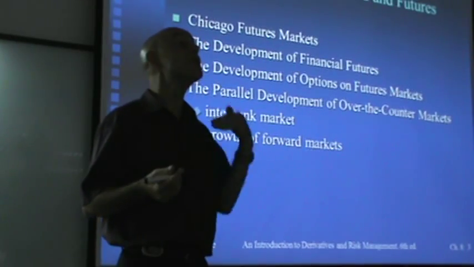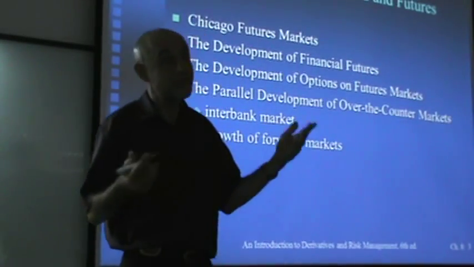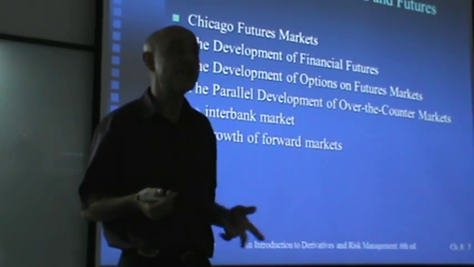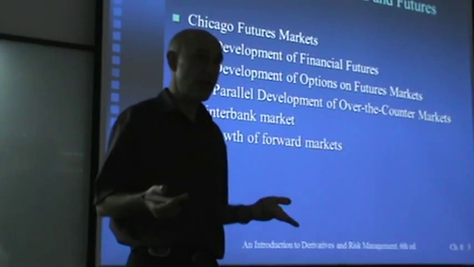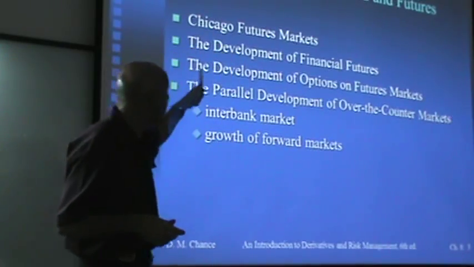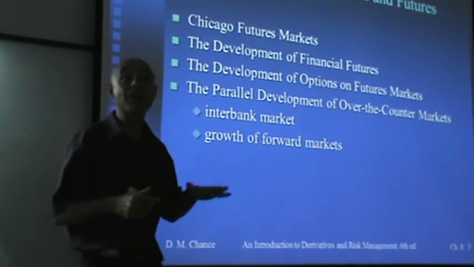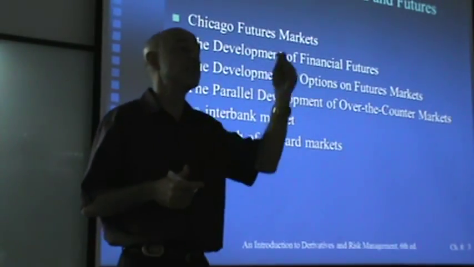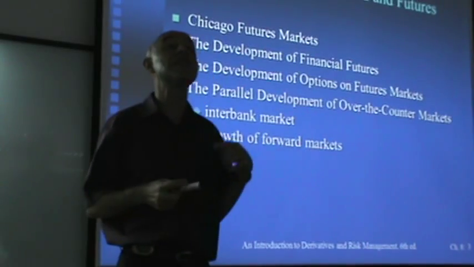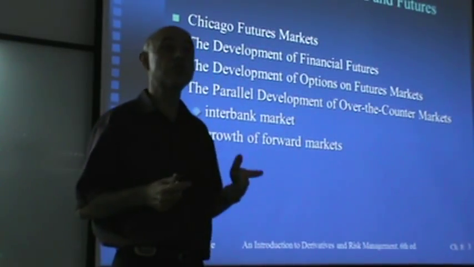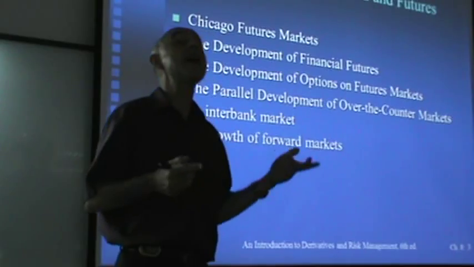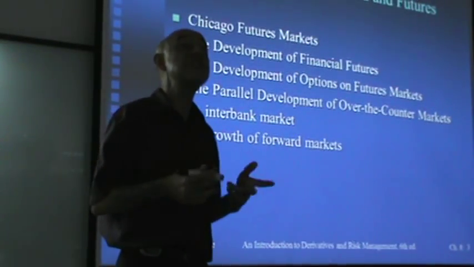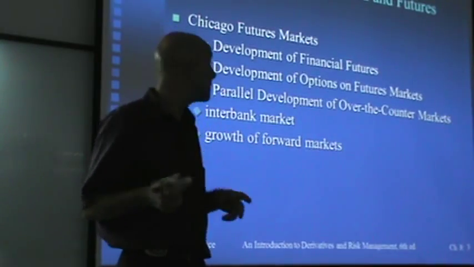So over time, people realized that they needed protection against interest rates. So the uncertainty and rising interest rates in the 70s, rising inflation and rising interest rates, meant also the development of interest rate futures and also of bond futures, or what are called fixed income derivatives.